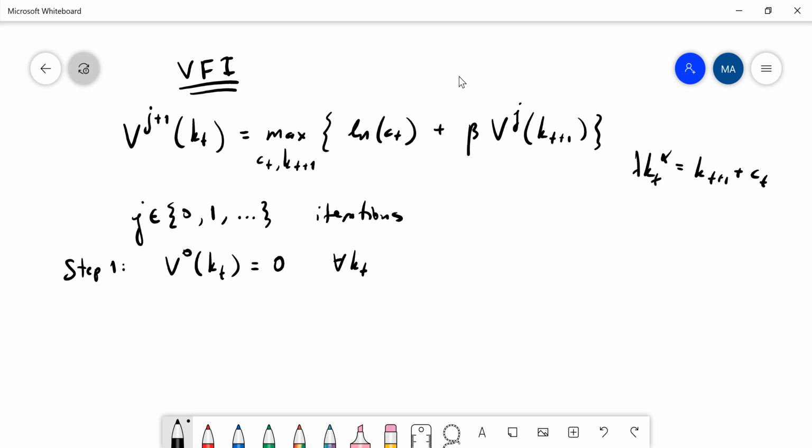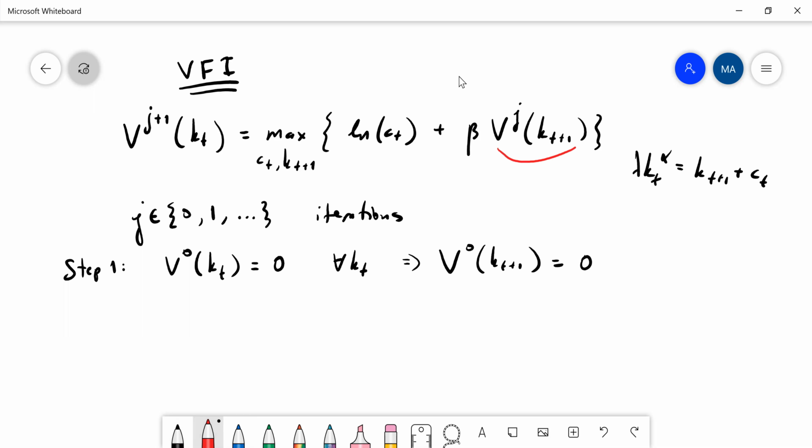For any k_t, we start with an initial iterate of no continuation value. Now, if I specify my value function, I can also write this. Then this is 0.